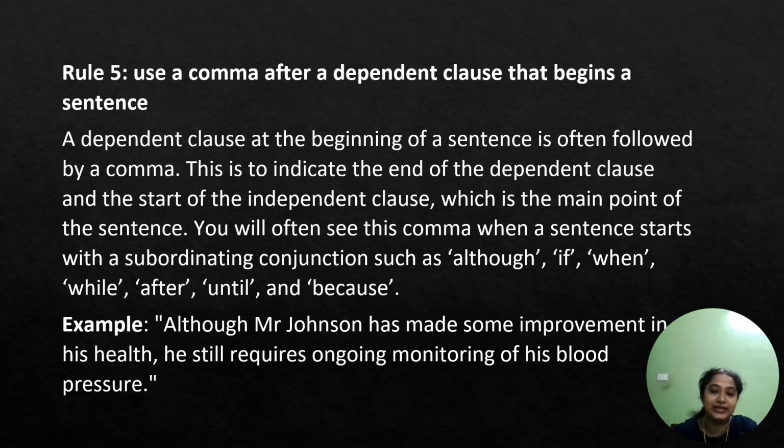This is to indicate the end of the dependent clause and the start of the independent clause, which is the main point of the sentence. You will often see this comma when a sentence starts with subordinating conjunctions such as although, if, when, while, after, until, and because.